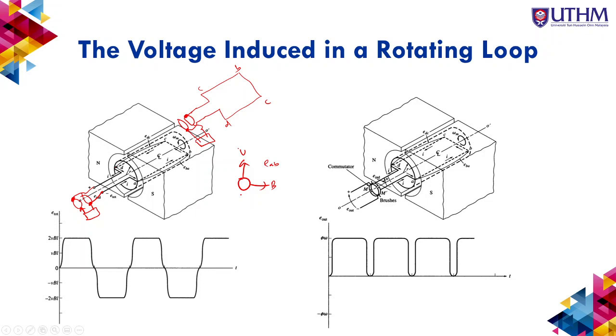We use the Fleming rule, so we get that the current will flow like this, and then like this, and then like this. So the total output will be positive.